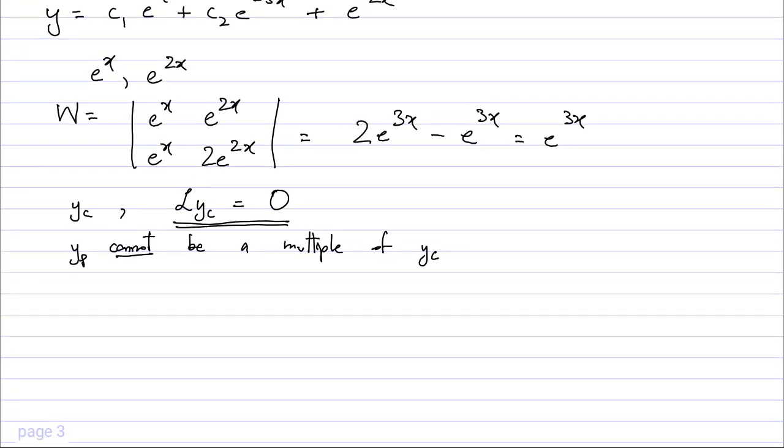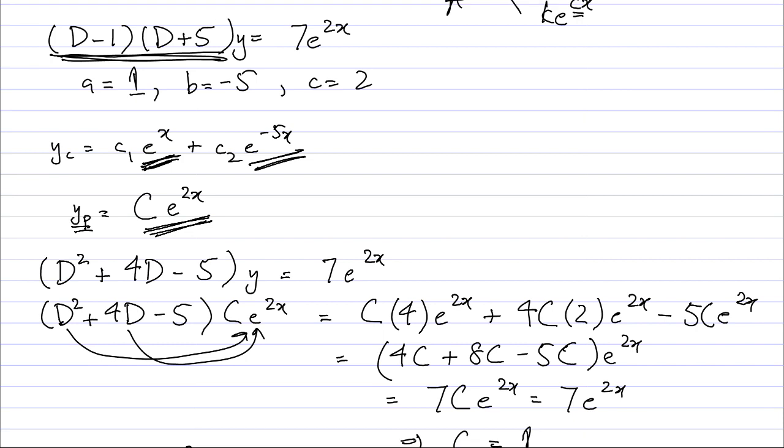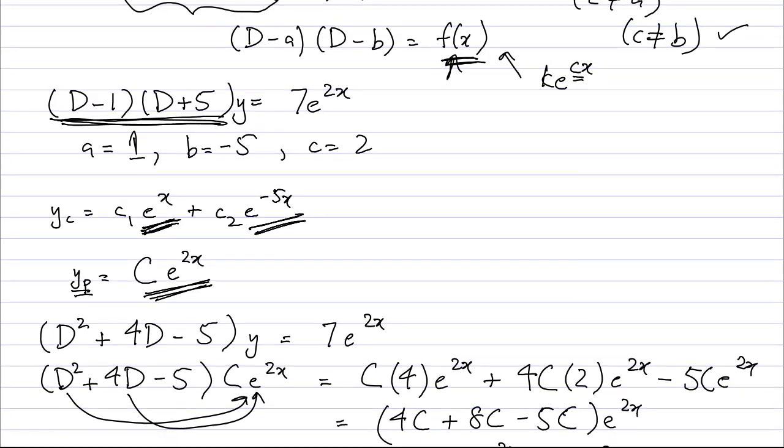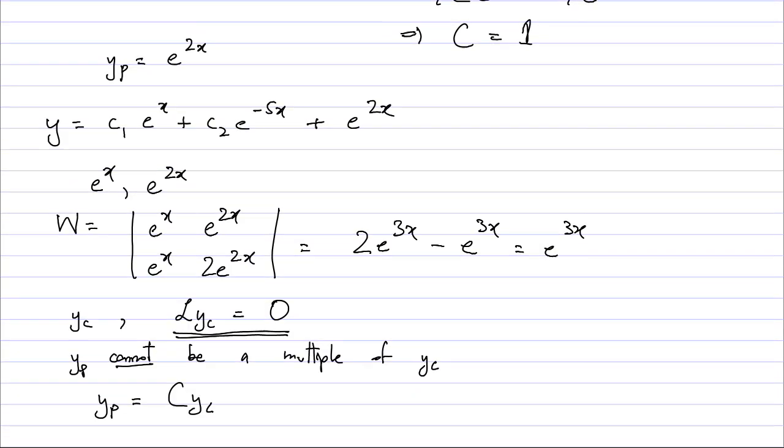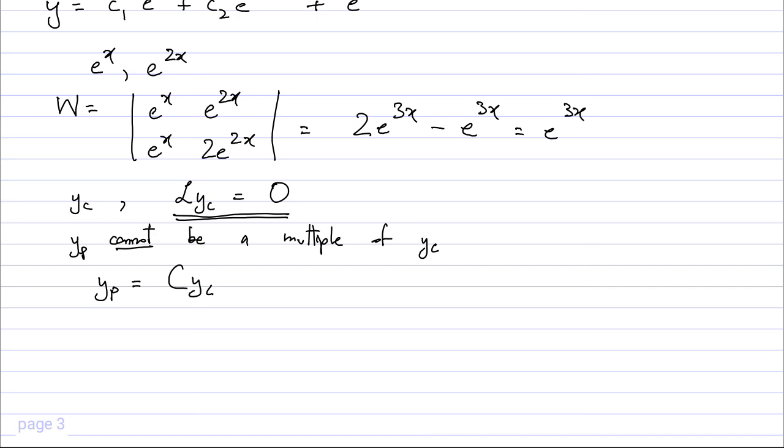Essentially, if you guess that yp is a multiple of yc, for example capital C multiplied by e raised to power x, that is never going to work. Why is that never going to work? Because remember, the actual equation you're trying to solve is to find the particular integral.